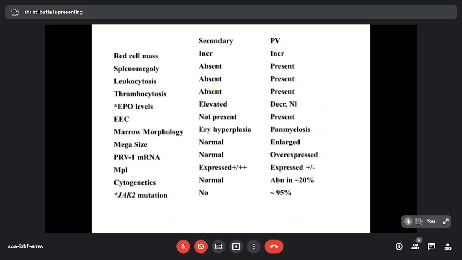Now, the secondary polycythemias are usually characterized by elevated erythropoietin levels, whereas in polycythemia vera, we've already discussed that there is a decreased erythropoietin level. JAK2V617F mutations are absent in case of secondary causes, whereas it is present in case of polycythemia vera.